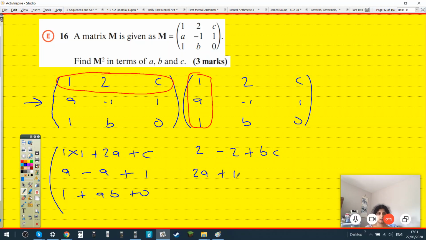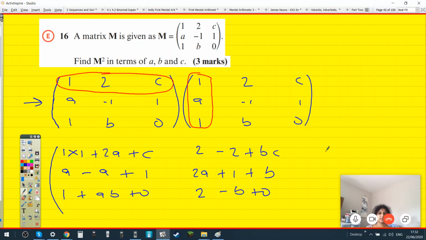Plus 1, plus B. And then 2 minus B plus 0.